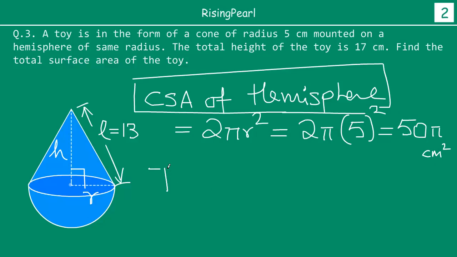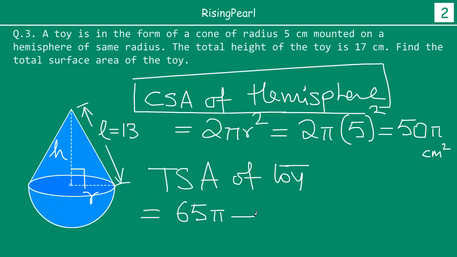So the total surface area of the toy will be equal to the curved surface area of the top, which was the cone, 65 pi, plus the curved surface area of the hemisphere, which is 50 pi. If you simply add them, 5 and 6 is 11, so it will be 115 pi centimeter square.